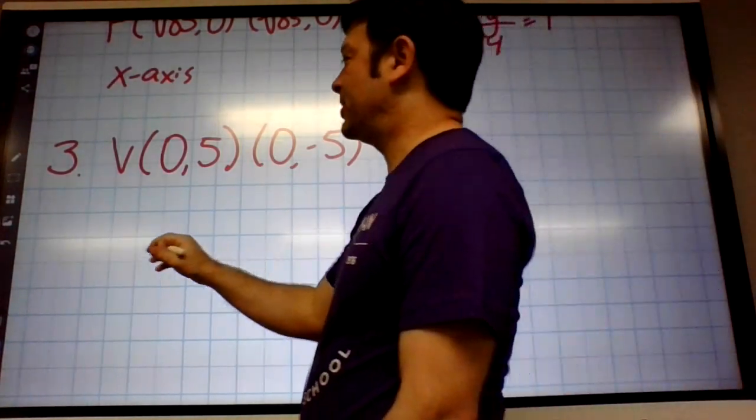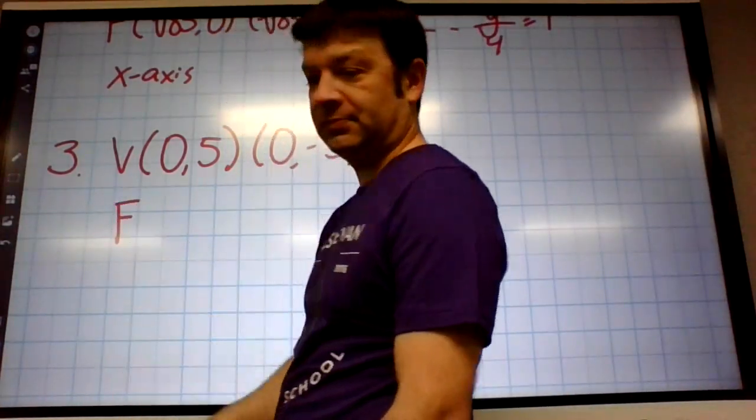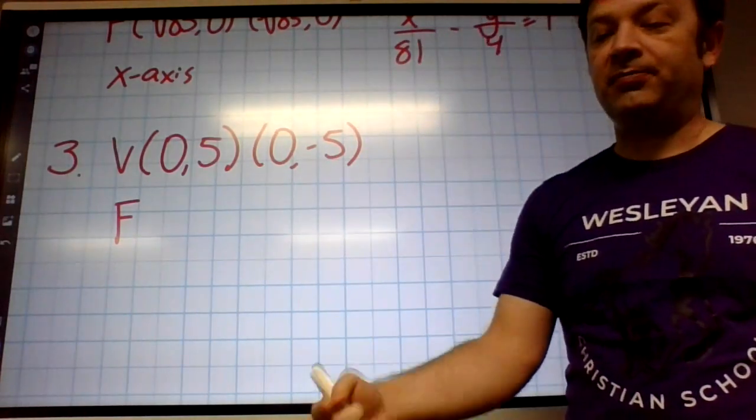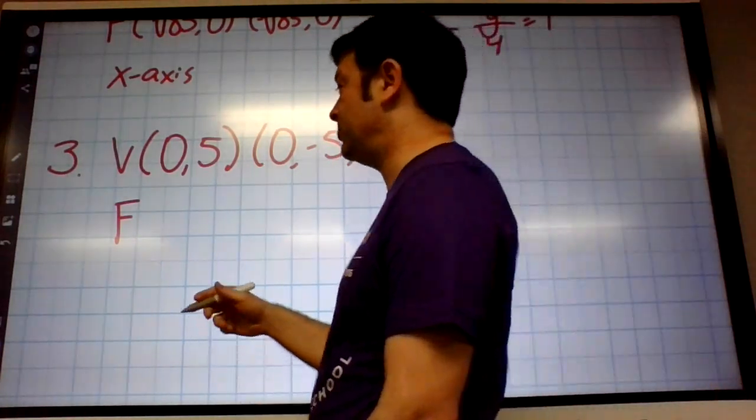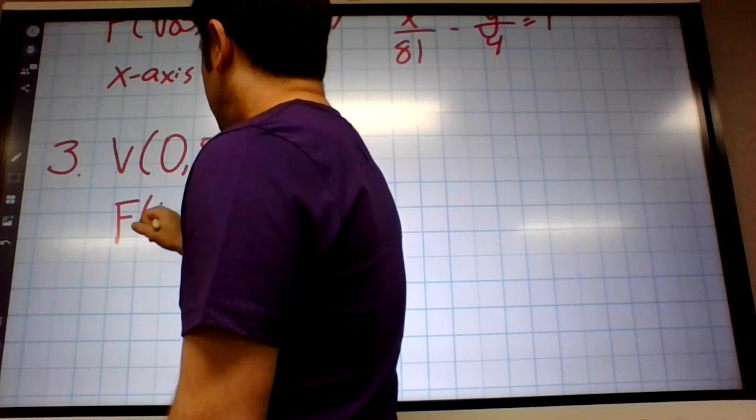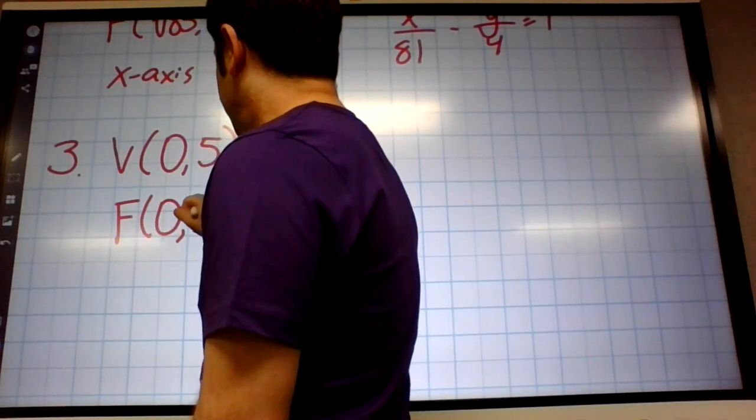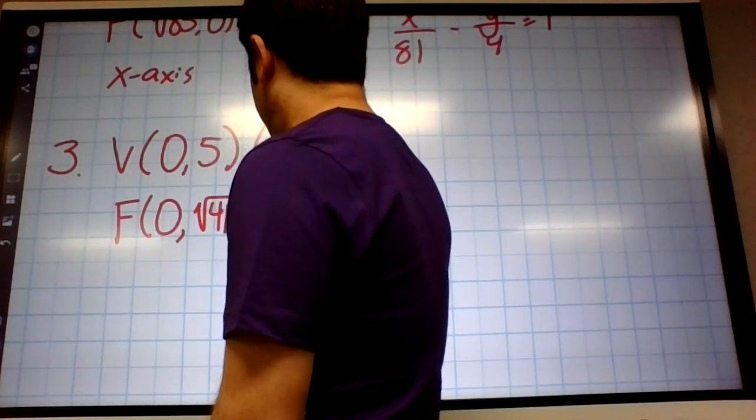Okay, how do we find the foci? Right, 25 plus 16 square root. Square root of 41 does not simplify. But the y is the major axis, so we're going to put it in the y coordinate.